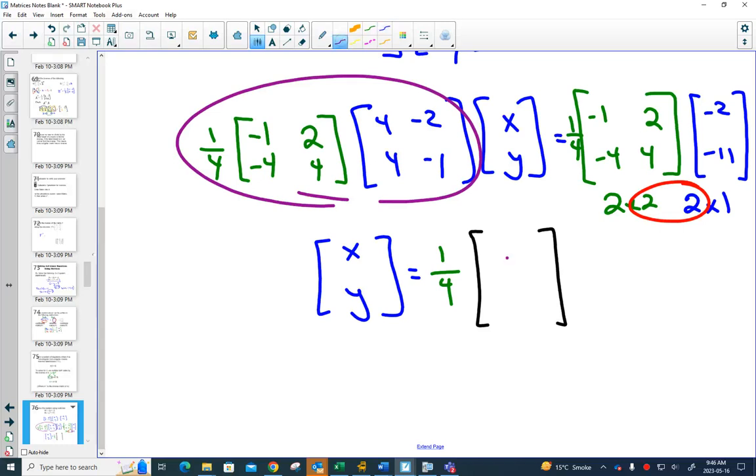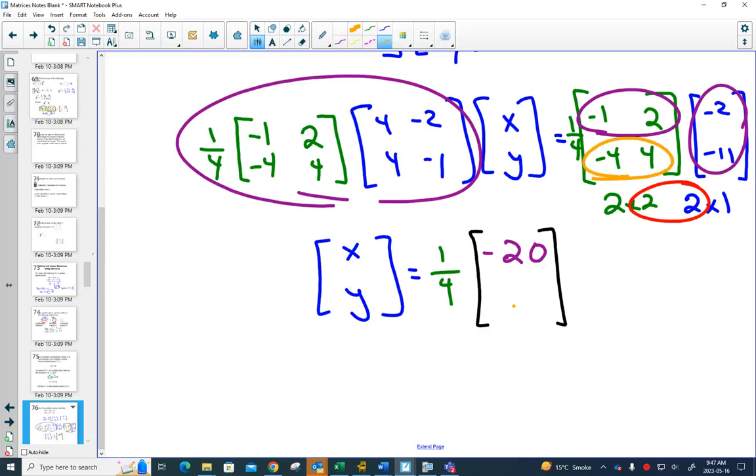To find the top number, you would take row 1 and multiply it by column 1. Can you see that you would get 2 plus -22? You would get -20. And I'll color code this one in orange.